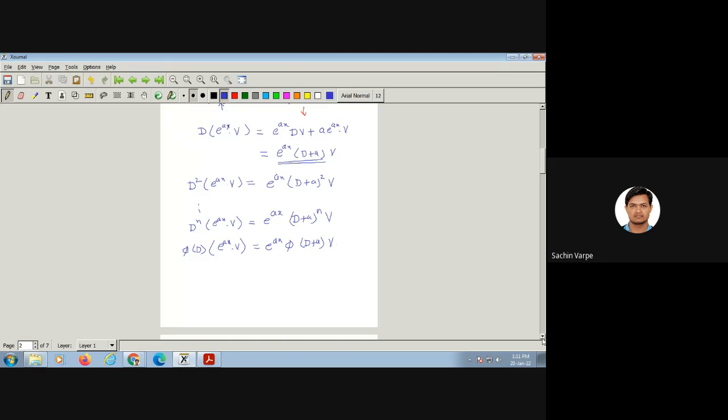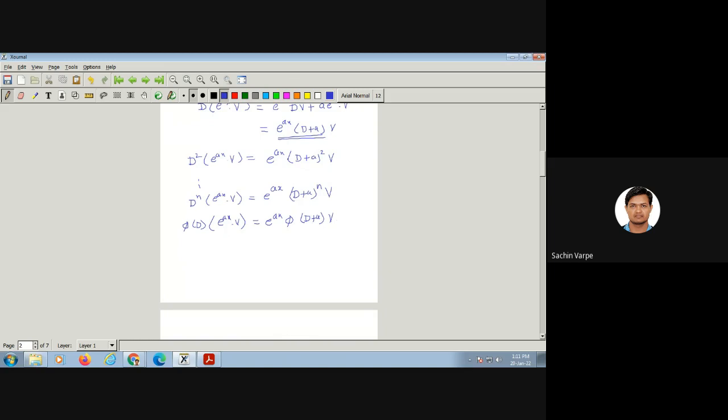phi of D plus a into v. If I denote it as v1 suppose, then phi of D plus a into v is v1, then from here I can write the value of v: v is equal to 1 upon phi of D plus a operated on v1.